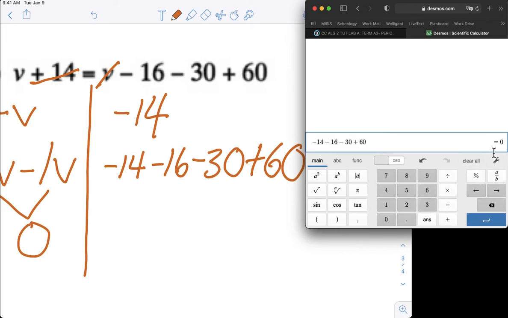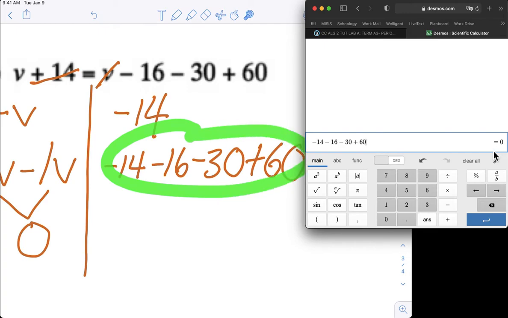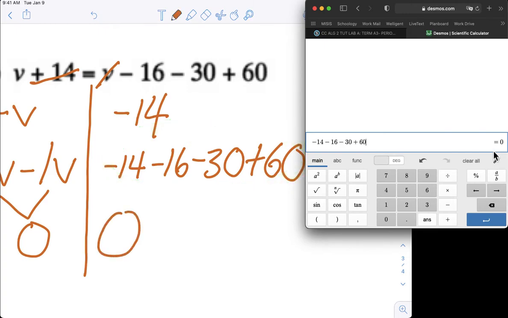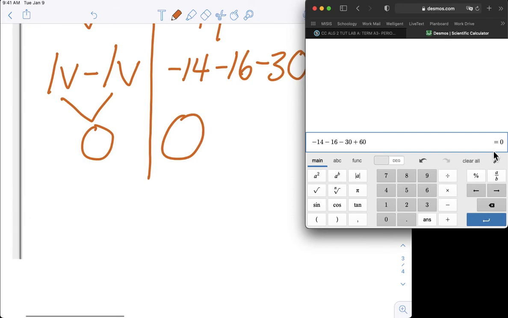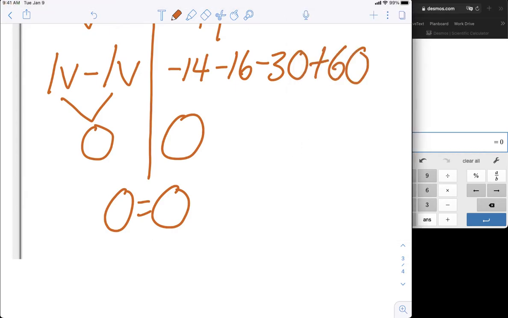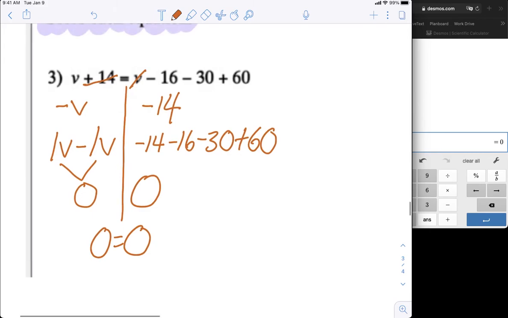And that gives us 0. Okay, so this whole thing is equal to 0. Right. So that means that 0 is equal to 0. Is that a true statement? Let me go back over here, sorry. It is a true statement. 0 is equal to 0.